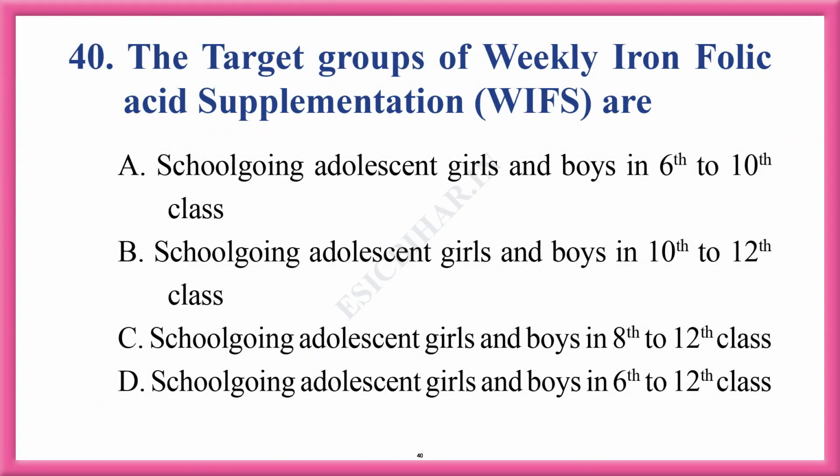Question 40. The target groups of weekly iron folic acid supplementation, WIFS, are A. School-going adolescent girls and boys in 6th to 10th class, B. School-going adolescent girls and boys in 10th to 12th class, C. School-going adolescent girls and boys in 8th to 12th class, D. School-going adolescent girls and boys in 6th to 12th class.